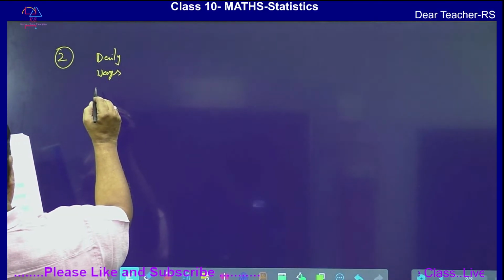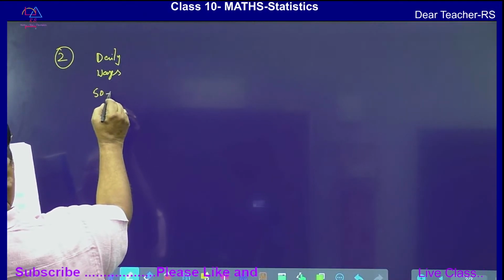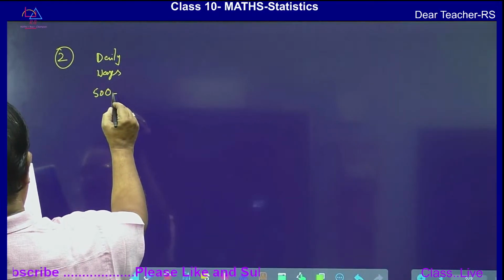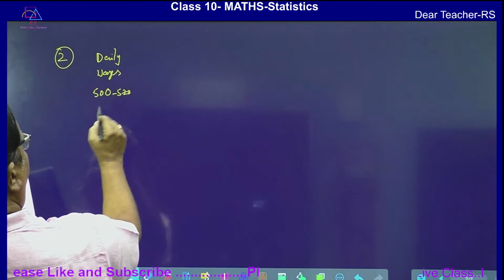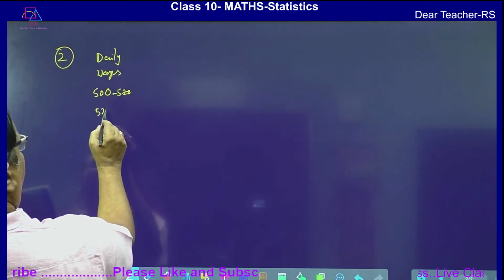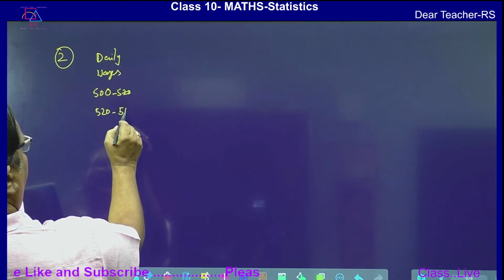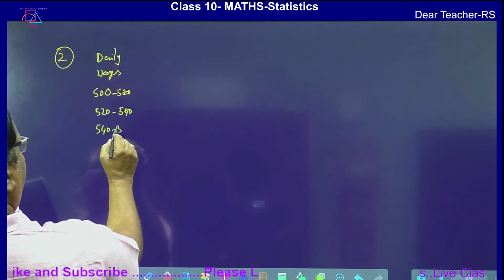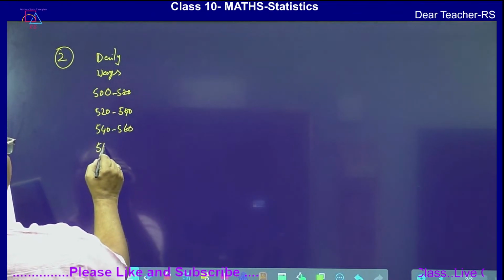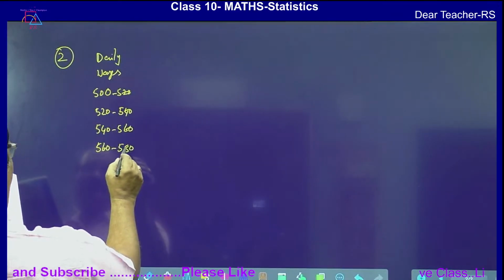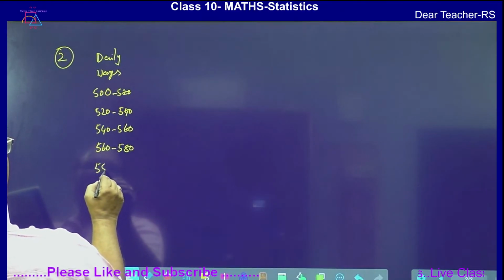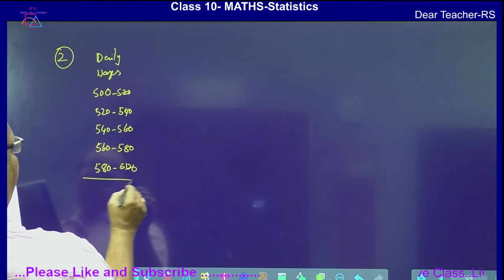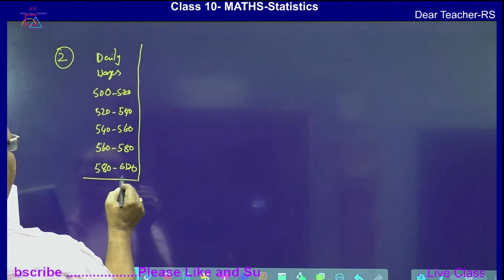Daily wages is equal to 500 to 520, 520 to 540, 540 to 560, 560 to 580 and 580 to 600. So now this is a class interval.